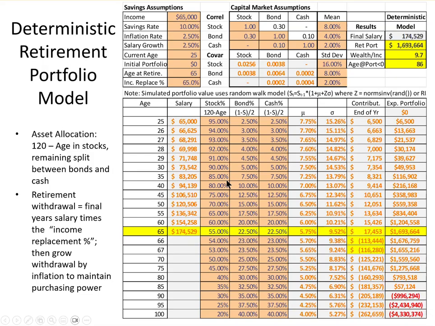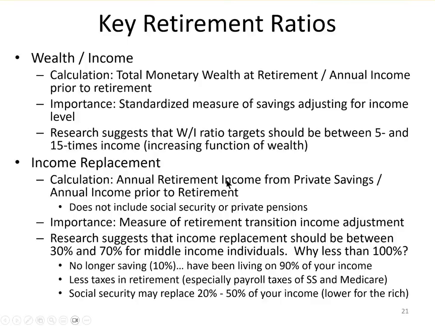Let's talk a little bit about some of the results of this model. And I want to talk about three key metrics in financial planning. Number one is the wealth to income ratio. So at age 65, how much have you saved in your portfolio? We'll call that wealth. And what was your final year's income?